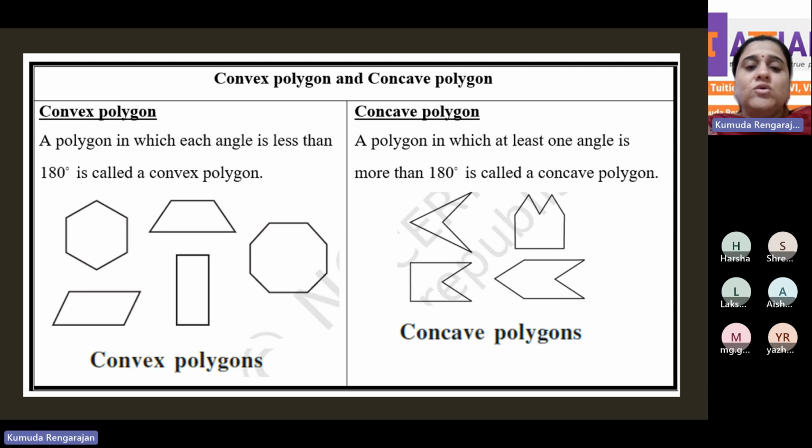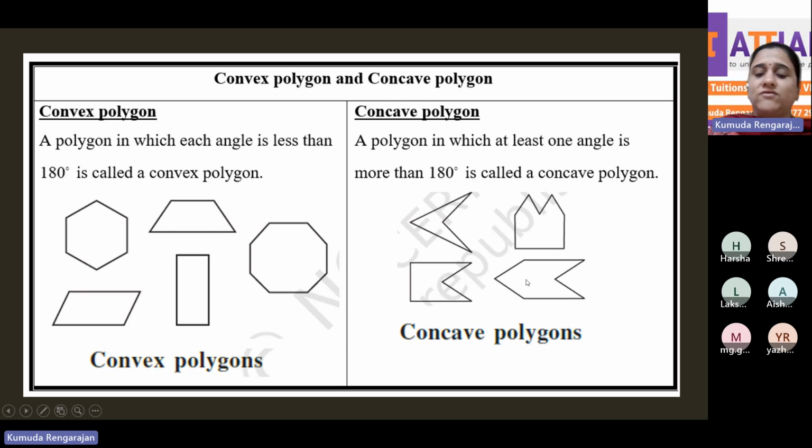A polygon in which all the sides are equal as well as all the interior angles are equal is called a regular polygon. Otherwise, it's irregular. Now, name a triangle which is a regular polygon.